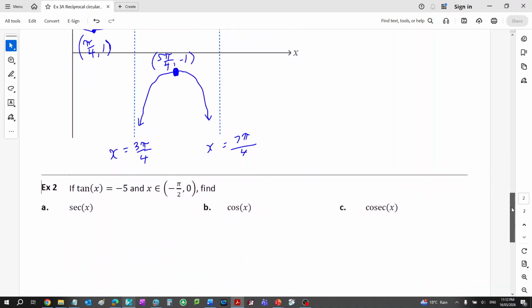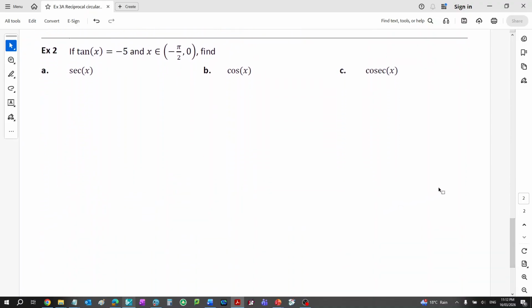Okay, last question then, example 2. If tan x is equal to minus 5 and x is between minus pi on 2 and 0, i.e. that's in quadrant 4, then find sec x. Okay, so from above, I wouldn't do this, but you could do this, for example, if I had sine squared x plus cos squared x is equal to 1.